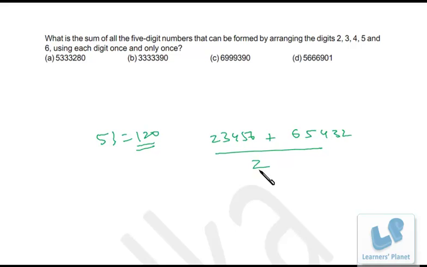If we divide the sum by 2, this will be the average of one number. So if I multiply by 120, that will give me the sum of 120 numbers, right? So this is 60. Now the addition of these two numbers multiplied by 60 will be our answer.